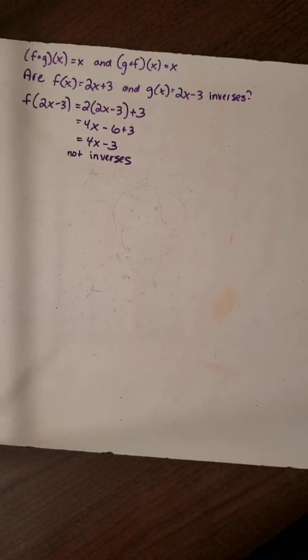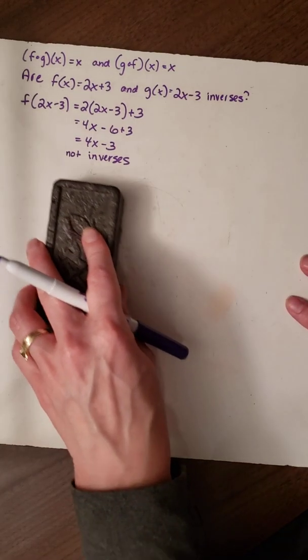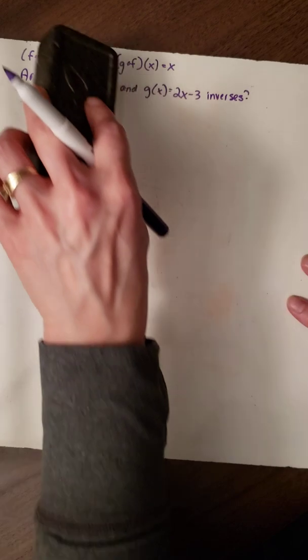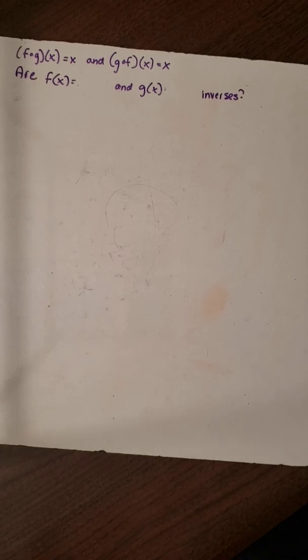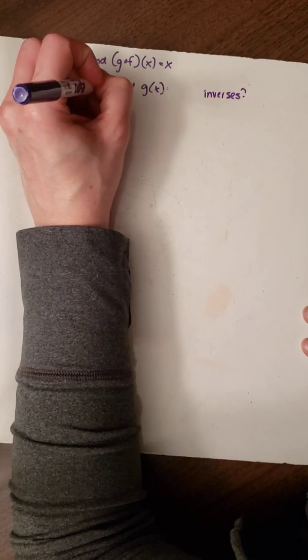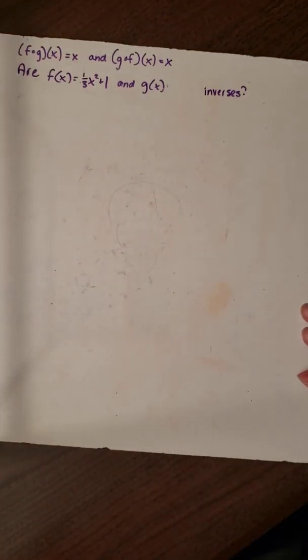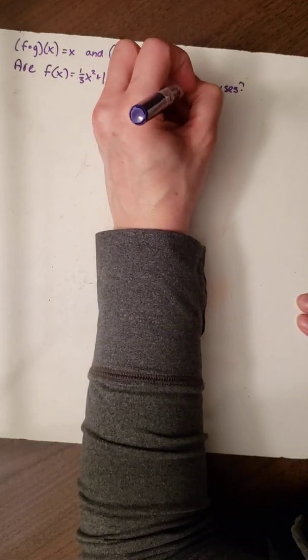Okay, let's try another one. Let's try our f of x equals 1/3 x squared plus 1, and g of x equals the square root of 3x minus 3.